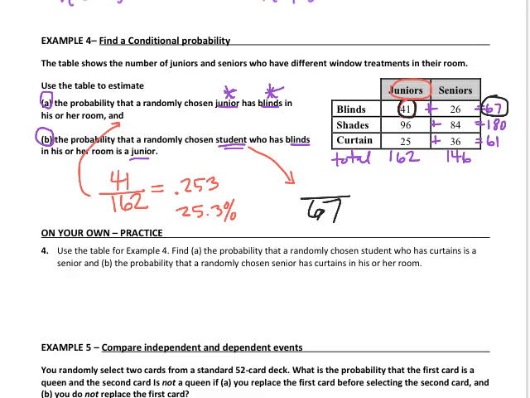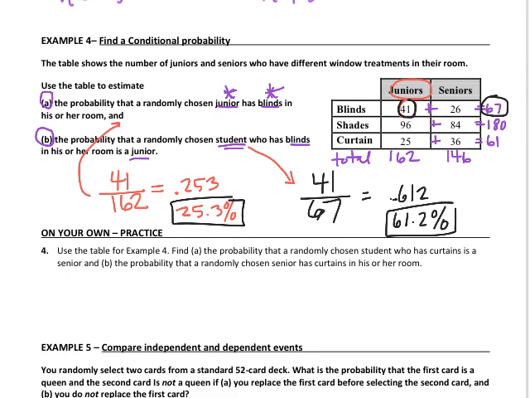Well, that looks like there are 41 juniors that have blinds. Now if I use my calculator, I can find out what the percentage is. It's going to be 0.612, and that's 61.2% of people who have blinds happen to be a junior.